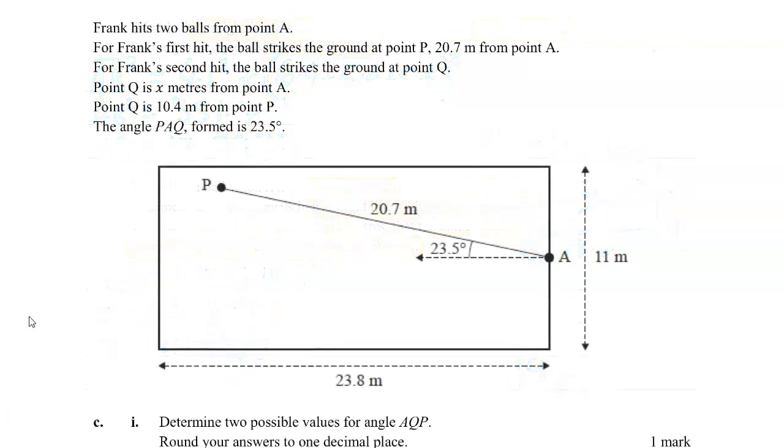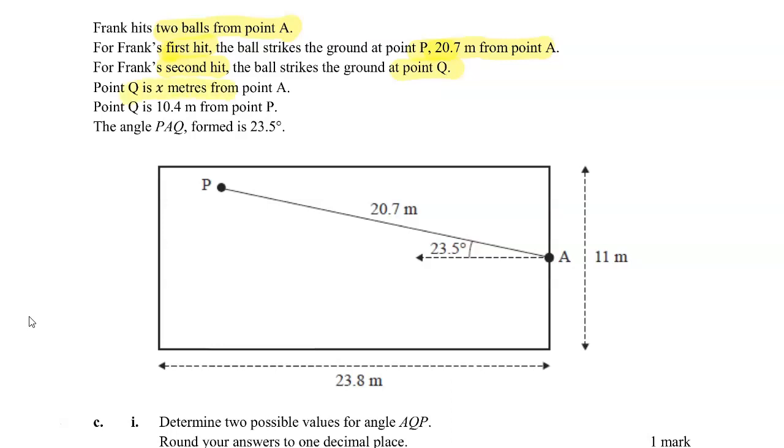All right, so Frank hits 2 balls from point A. For Frank's first hit, the ball hits the ground at point P, which is 20.7 meters from point A. You can see it labelled there. For Frank's second hit, the ball strikes the ground at point Q. Now, we're not quite sure where Q is.